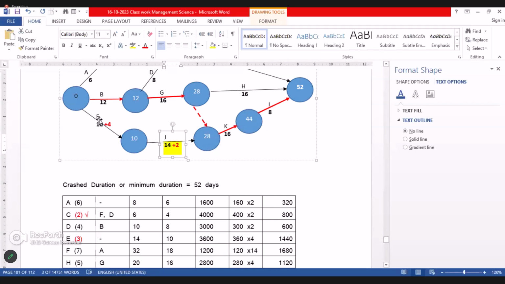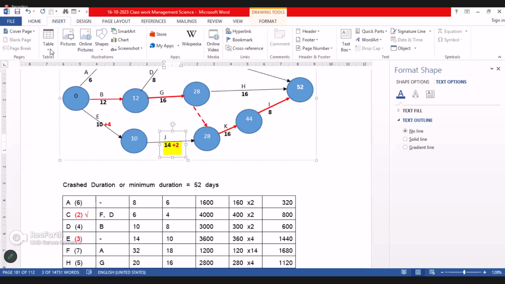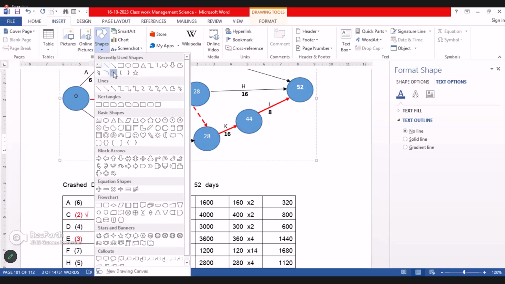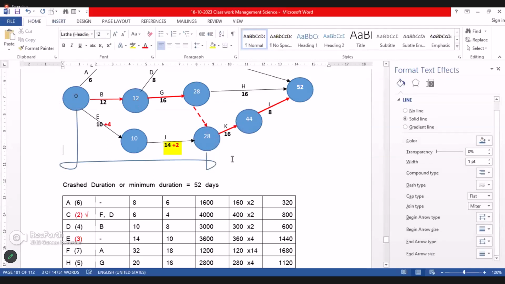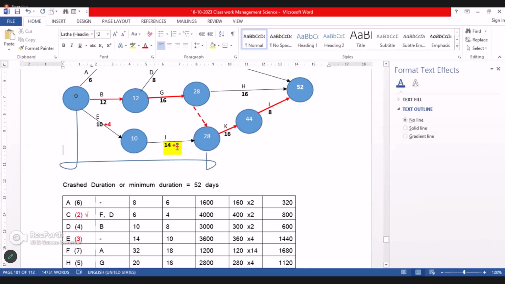Now you see within this range, look at the important points. In this range, from the starting to here, already we have made this one.